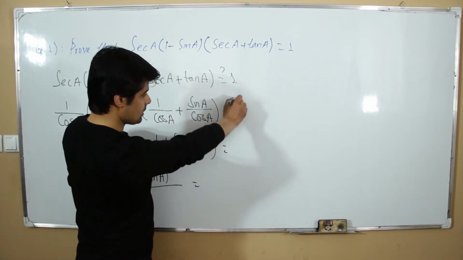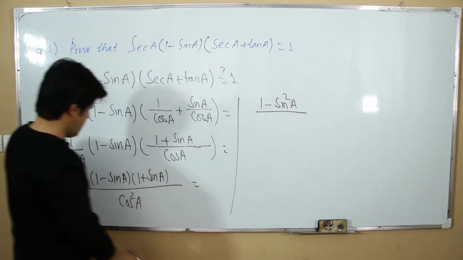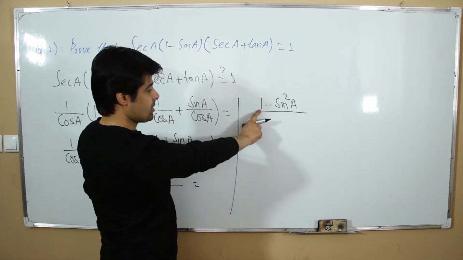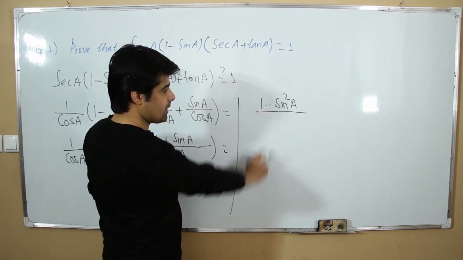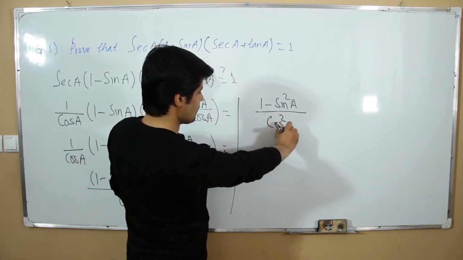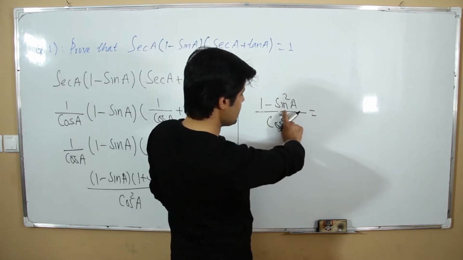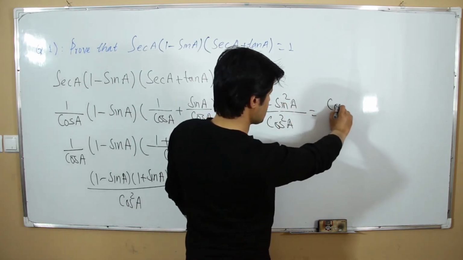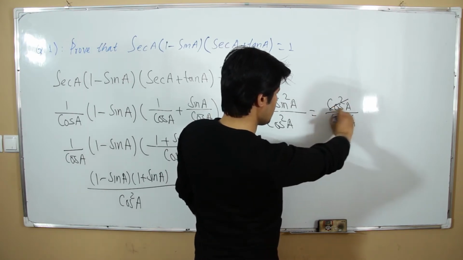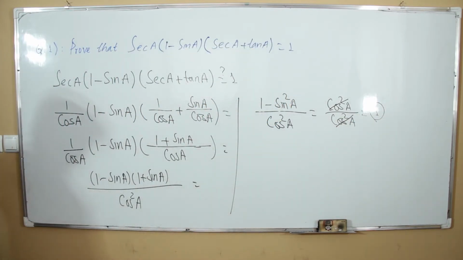This is 1 minus sine square A. A minus B, A plus B, is A square minus B square. 1 square is 1, and minus sine square, divided by cosine square. So what is 1 minus sine square of A? It is cosine square of A divided by cosine square of A. So we can cancel. The answer is 1, so we have proved it.